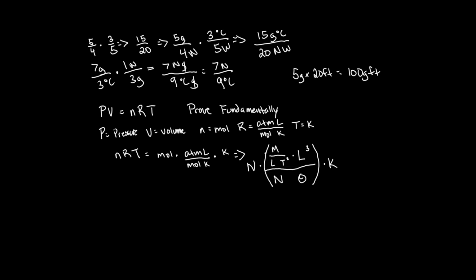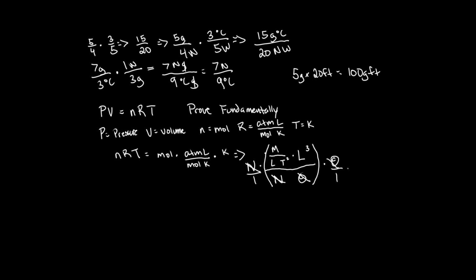Times theta. Now, remember we discussed earlier what happens in this scenario? This is basically the equivalent of an N over 1 and a theta over 1, and we're dividing by these two. So these will cancel. Right?